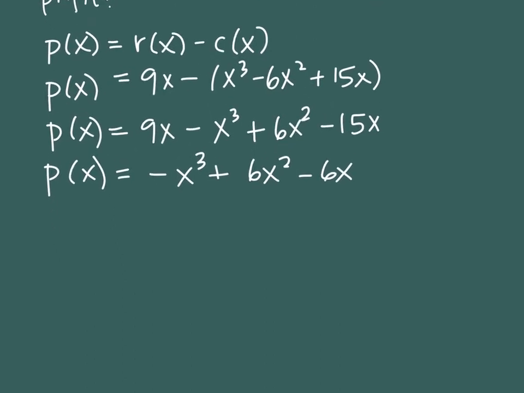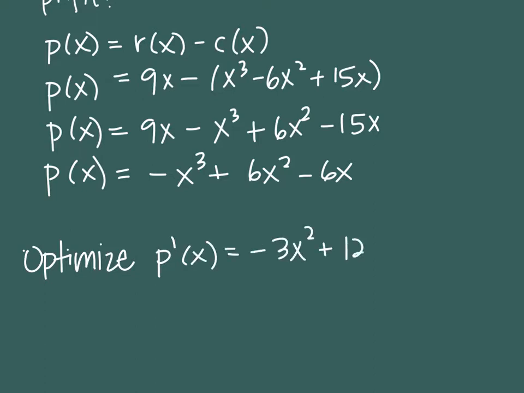Once we have the profit equation, we know that we're supposed to maximize that. So we apply the calculus principles of maximization, which is to take the derivative, set that derivative equal to 0, and look for the points of maximization. So we'll optimize, and we'll take P prime. P prime will be negative 3x squared plus 12x minus 6, and we'll set that equal to 0. I'm going to factor out a negative 3.